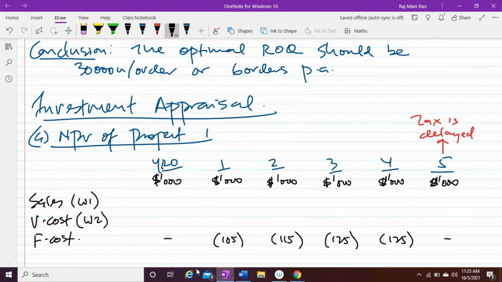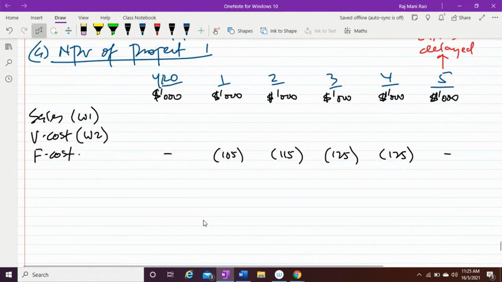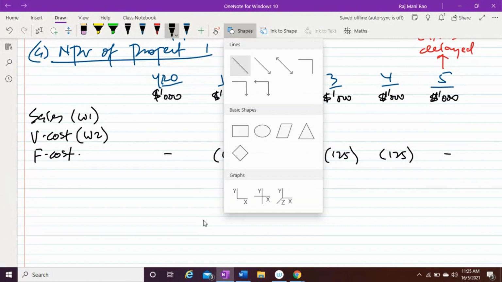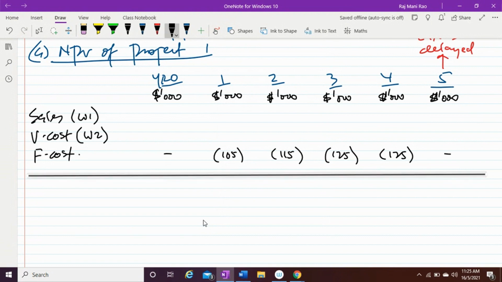What else do we have after fixed costs? Is there any other relevant cost after fixed costs? So we have cash flow before tax.